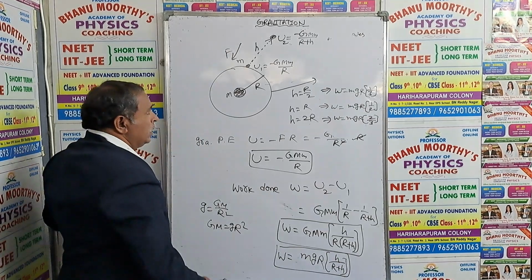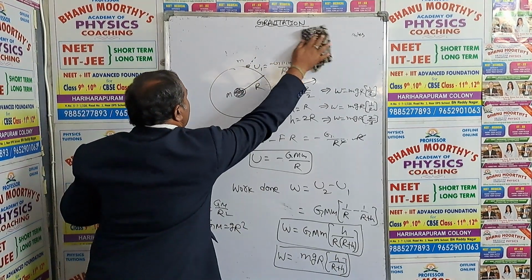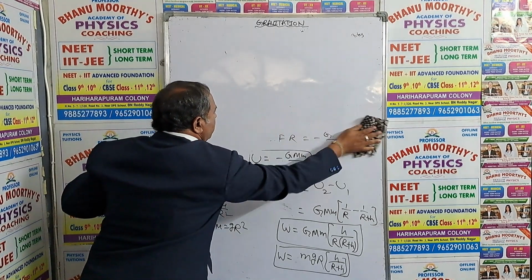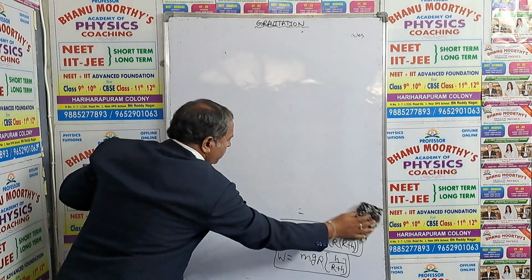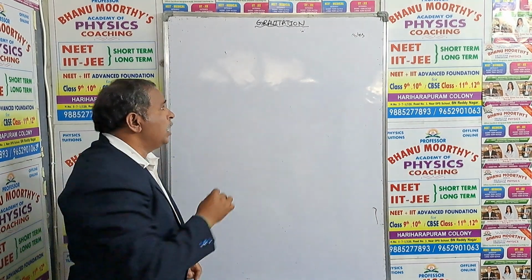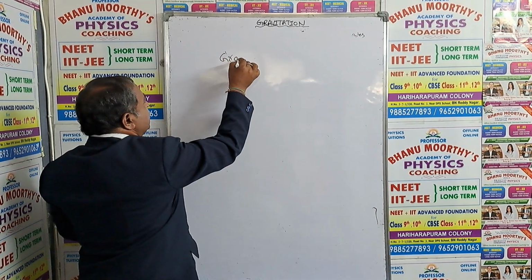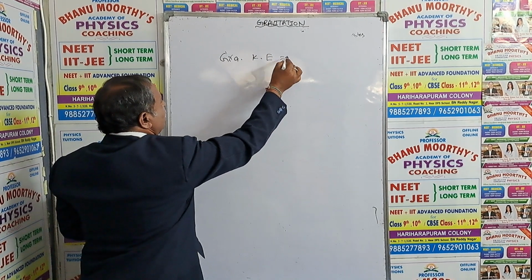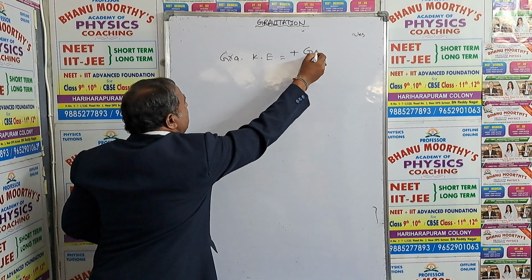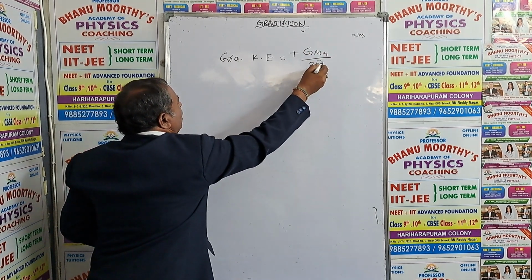Let us move to another concept quickly. Gravitational kinetic energy now. The kinetic energy formula is positive GMm by 2r.